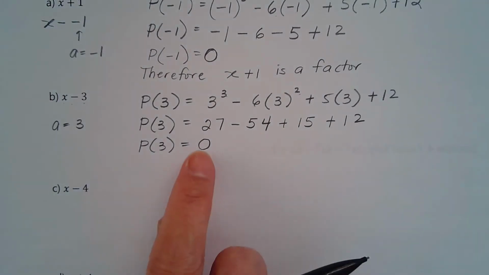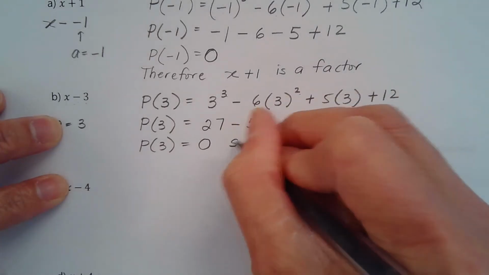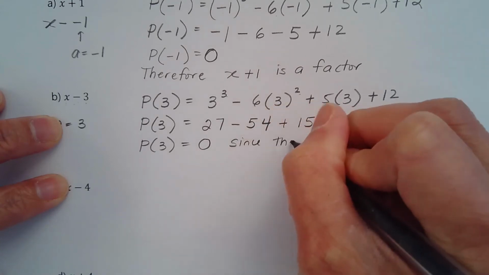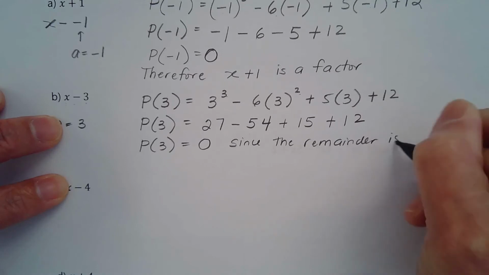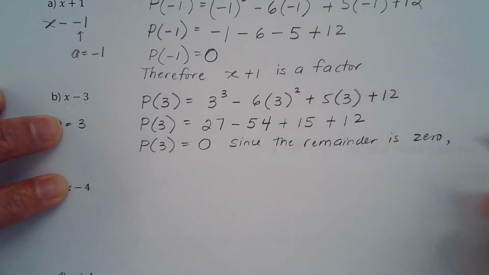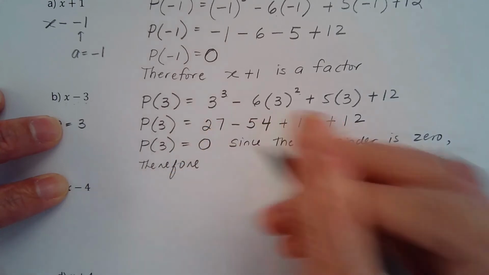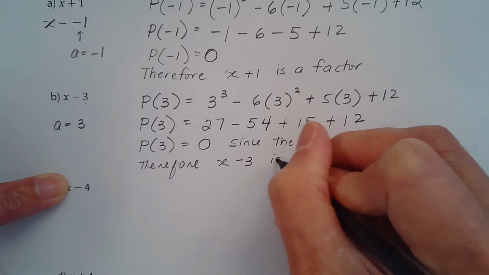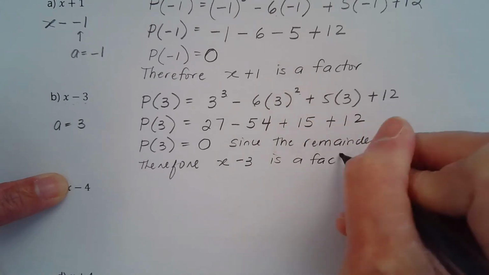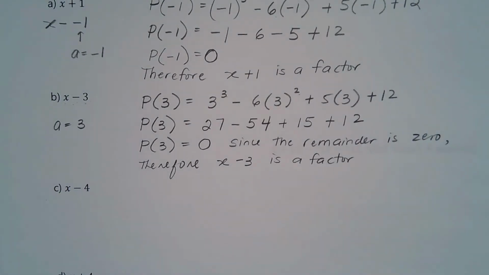That means the remainder is 0. Since the remainder is 0, therefore x minus 3 is a factor of the polynomial.